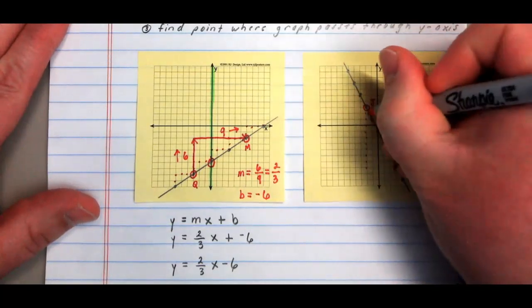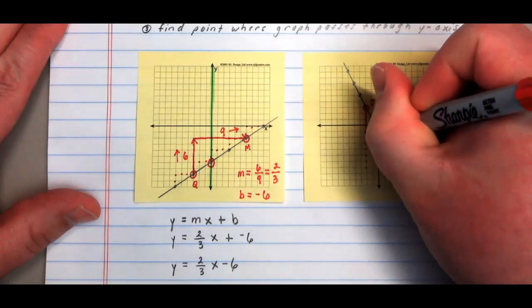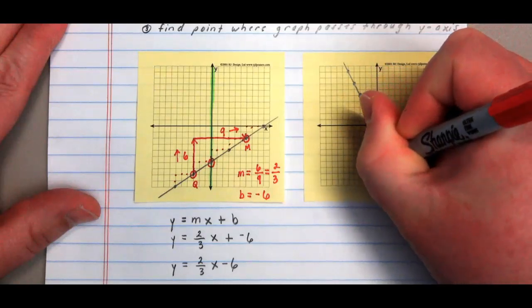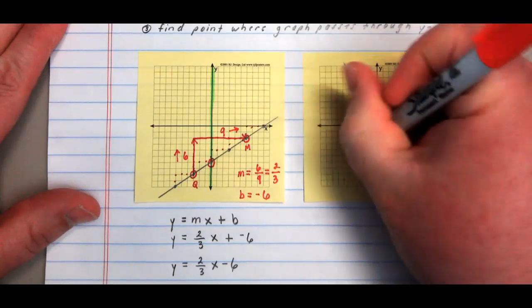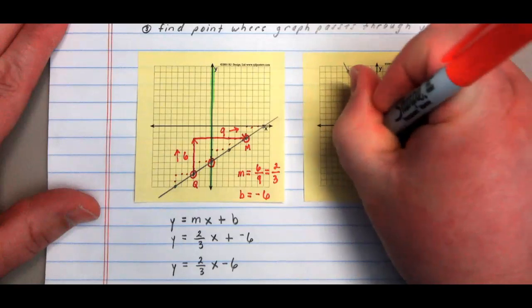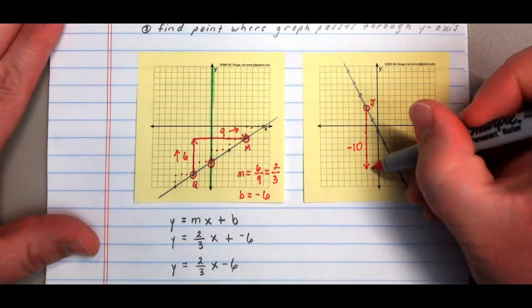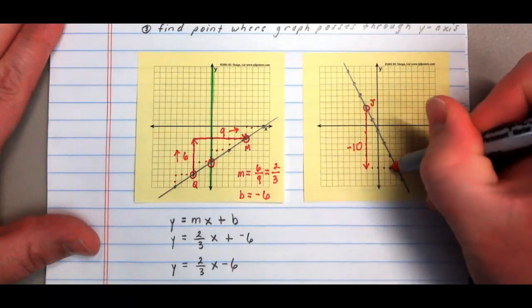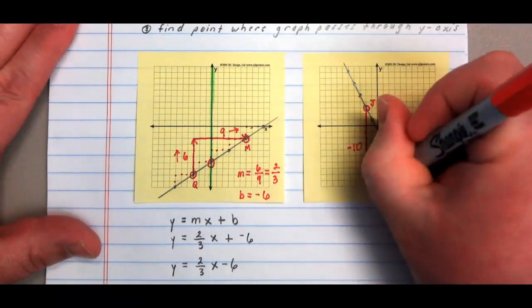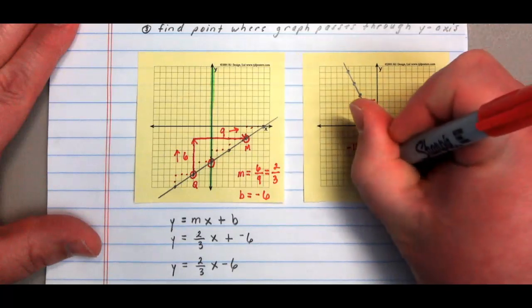So we're going down 10 floors, if you want to think of it like a building. So that'd be -10, down 10. And then we're going to go to the right, 1, 2, 3, 4, 5. So 5 units.